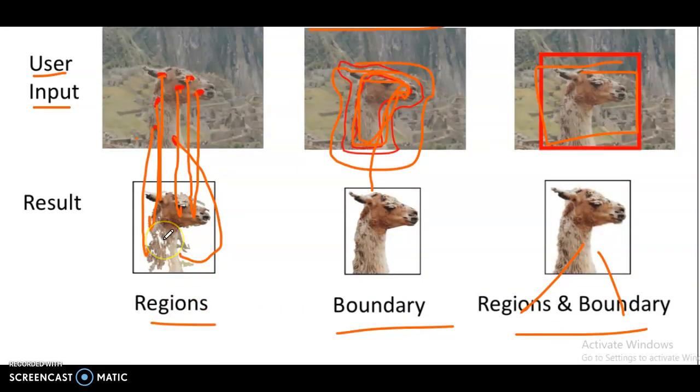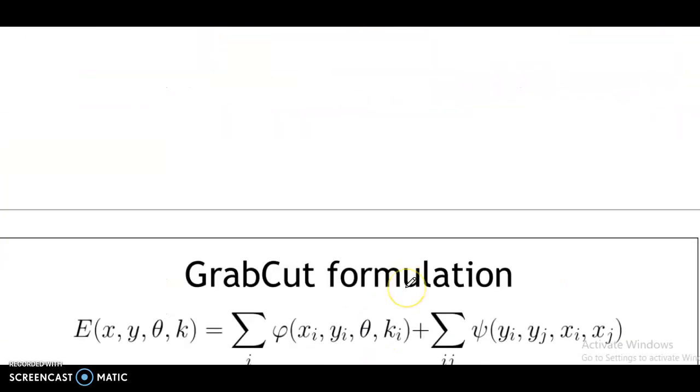Here regions only. Here the boundary is also there, because region means this part is removed, and remaining only here. That is the regions. Here something is removed, plus the boundary is also there. This one is the boundary. Region means the full region, inside all are regions.